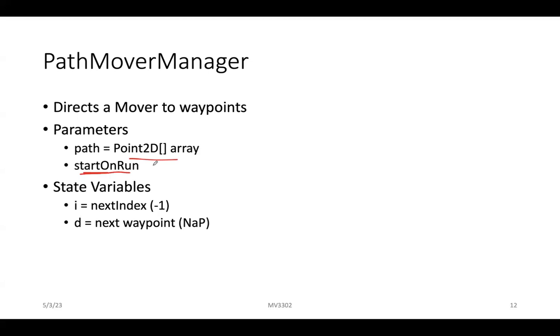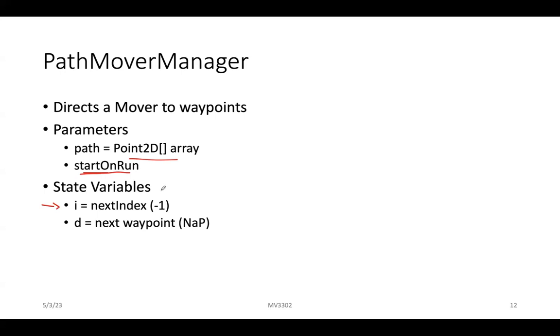In other words, in certain situations I want to start at a particular time or when a particular event occurs. But for testing purposes, sometimes I just want to start right away. So that Boolean's there. Now our state variable, since we're moving along the path, the next index is going to be the index of the next destination.